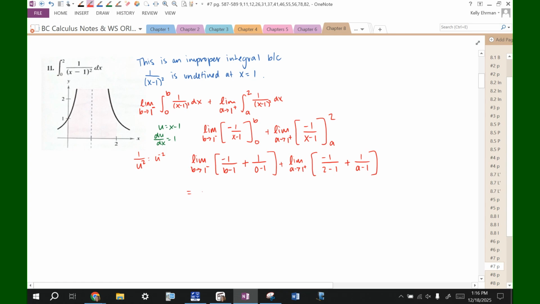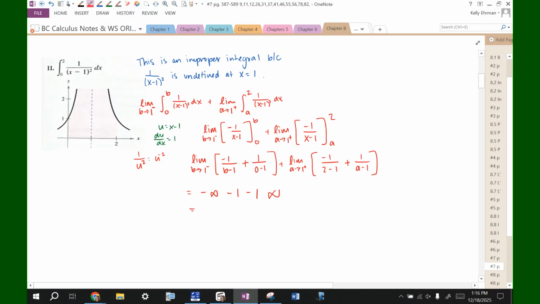Negative 1 over 0 is negative infinity plus 1 over negative, so minus 1. Negative 1 over 1 is minus 1 again, plus 1 over plus infinity.